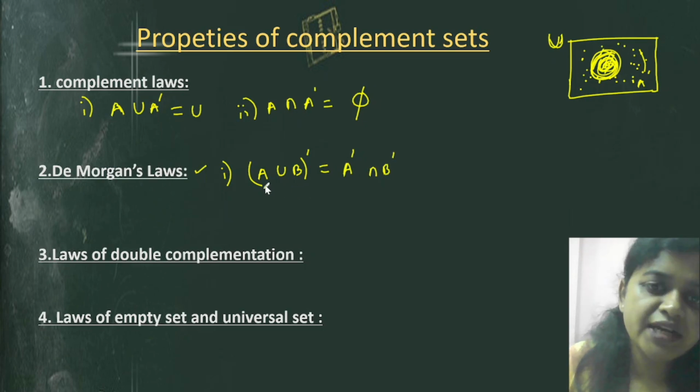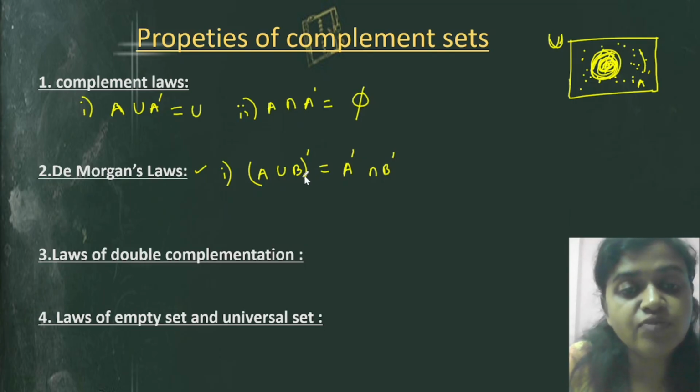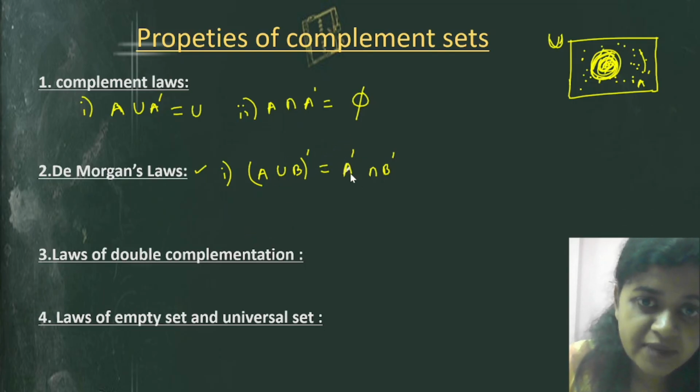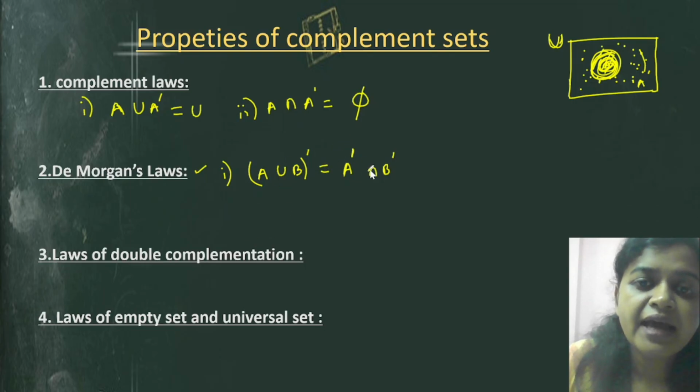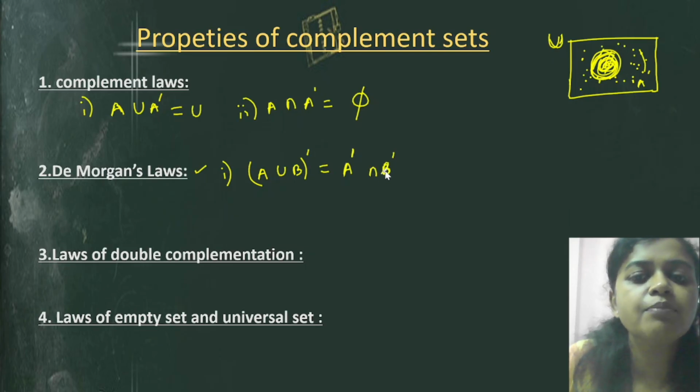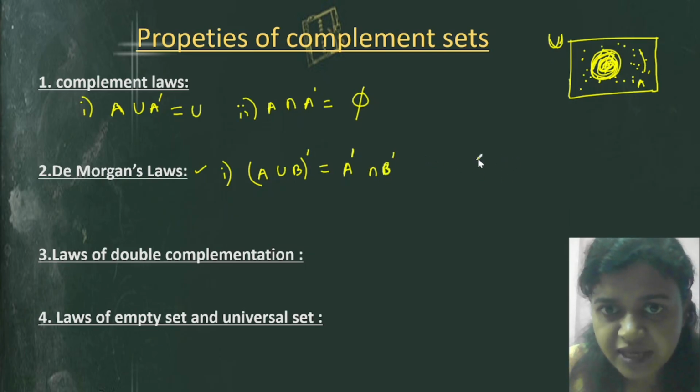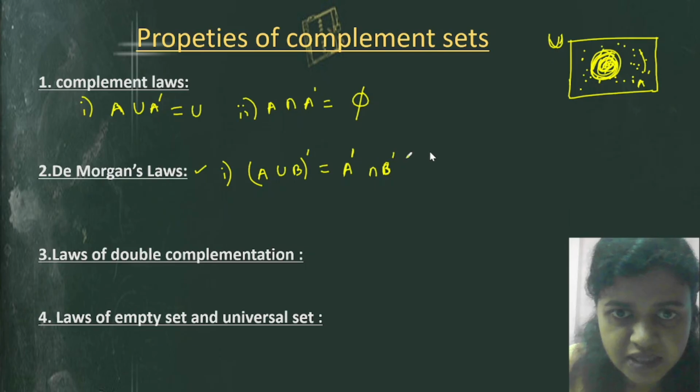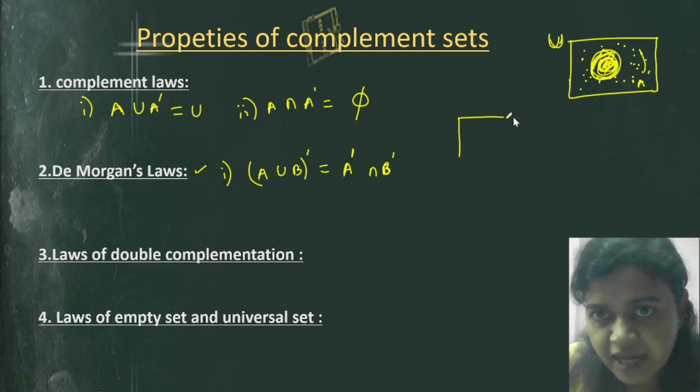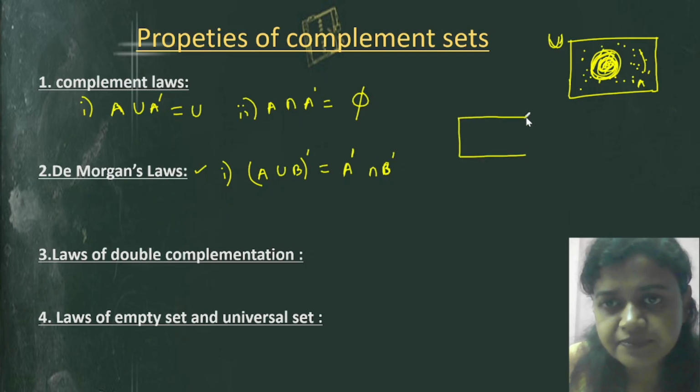A is a set and B is another set. If you find the union and its complement, then you will get the intersection of A complement and B complement. We can understand this clearly with a Venn diagram.